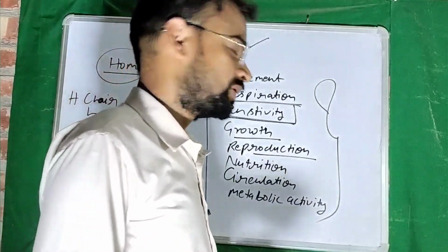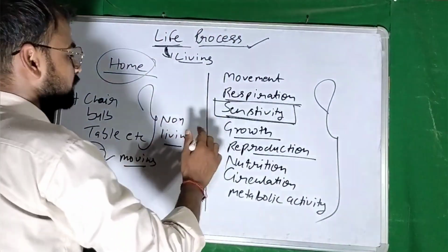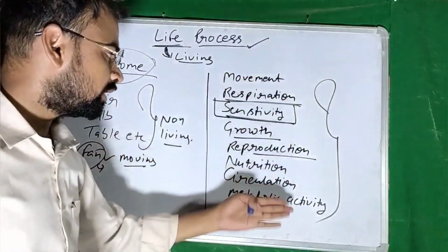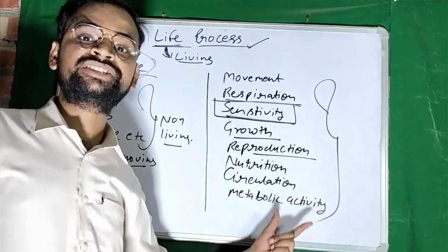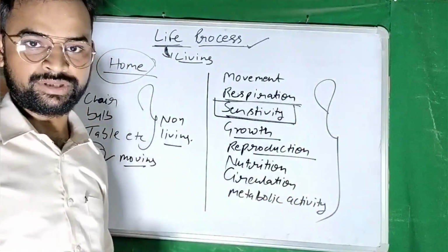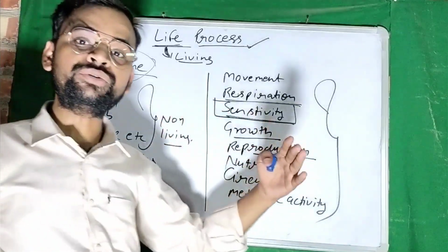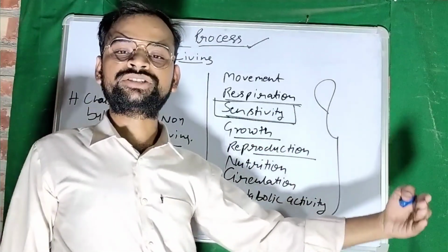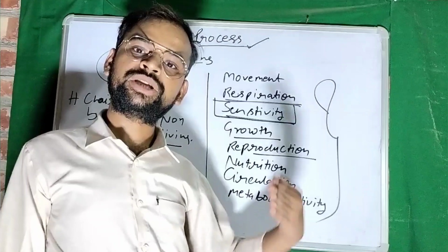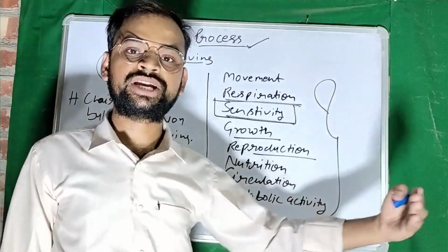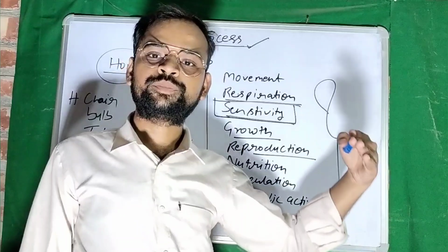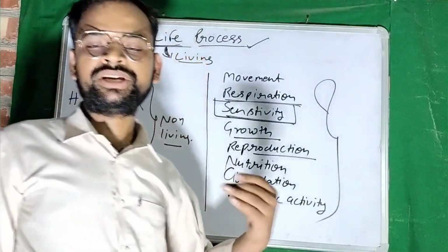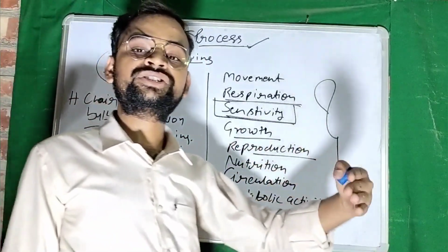So what is life process? Life process means the processes, but not all of these features are essential for the survival of a living organism. There are only a few essential processes. If the living organism does not perform the essential processes, it cannot survive on this earth, it cannot stay alive.